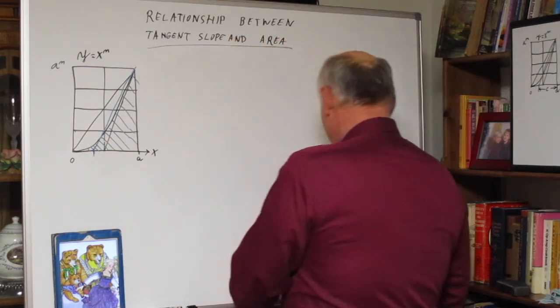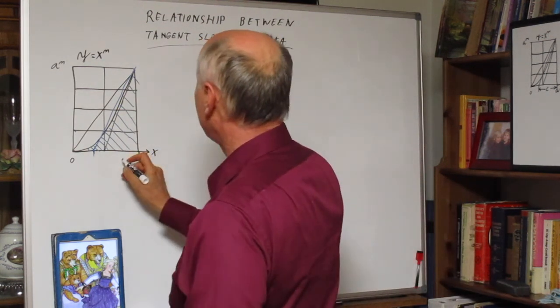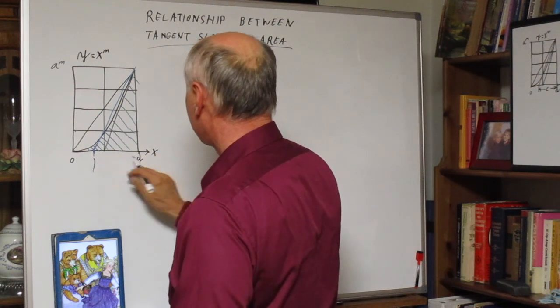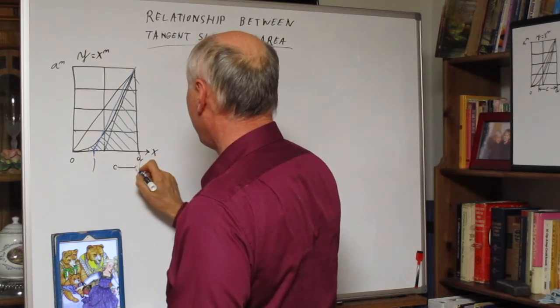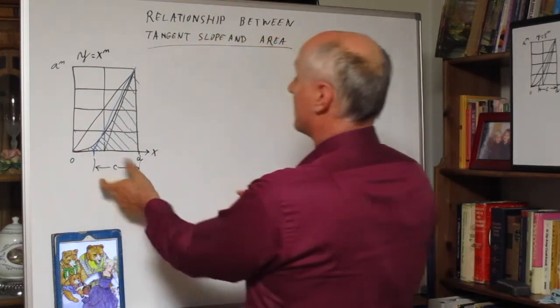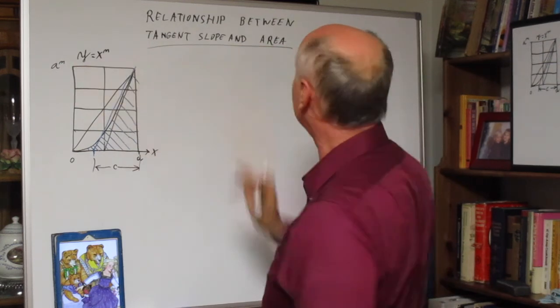So let's tackle that. Let's just call this distance from here to here c. That's this distance, and we have a over here, a squared.